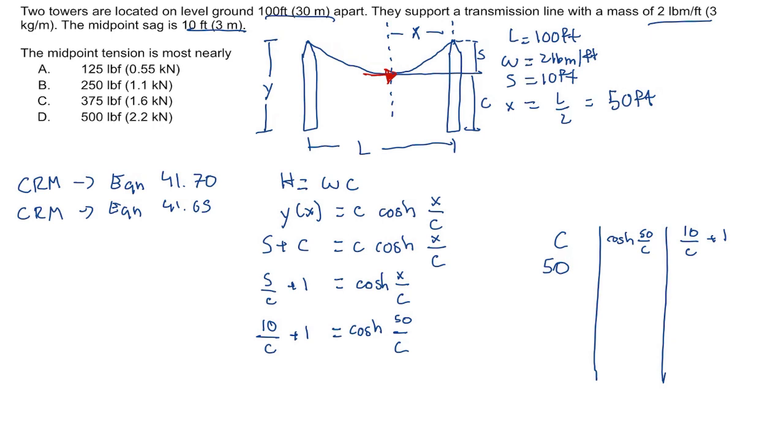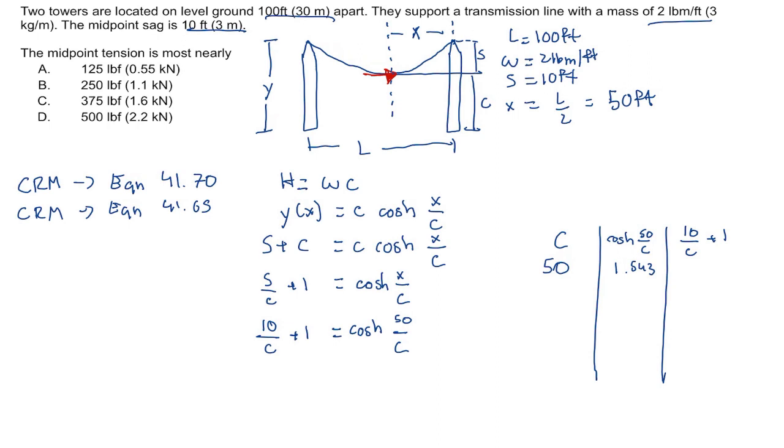Grab my calculator. So with that C being 50 feet, this hyperbolic cosine of 50 divided by 50 is 1.543. Okay.